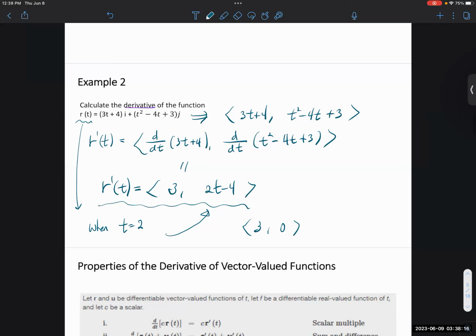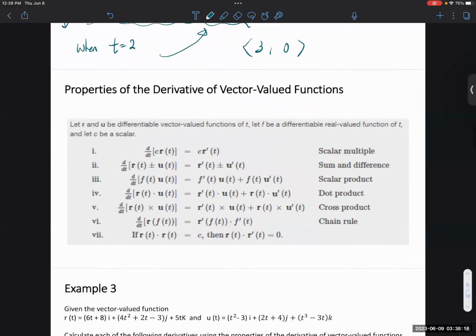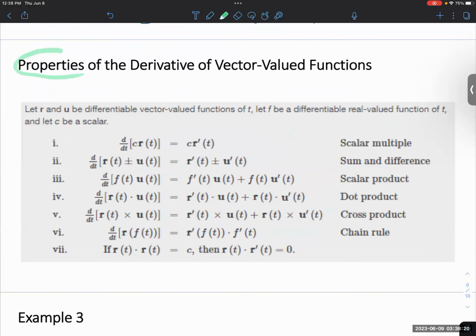Okay, all right, now I'm going to show you a couple of properties, the same properties of the derivative. If you remember in calculus 1, we learned all the properties of the derivative, but here we are specifically using vector valued functions. It's similar, but we have to look at a couple of properties which are new. The first one is a scalar: you can bring the scalar to the front, then take the derivative.